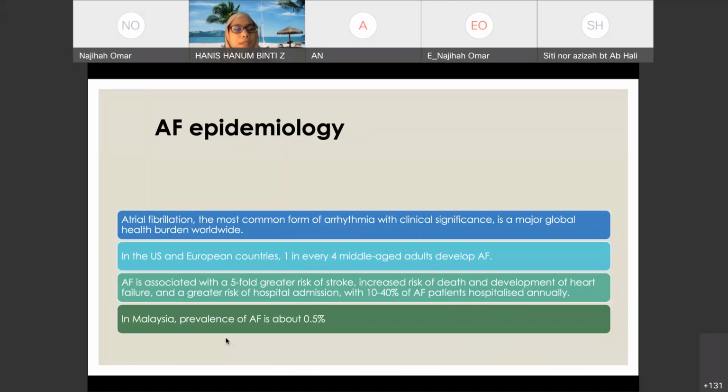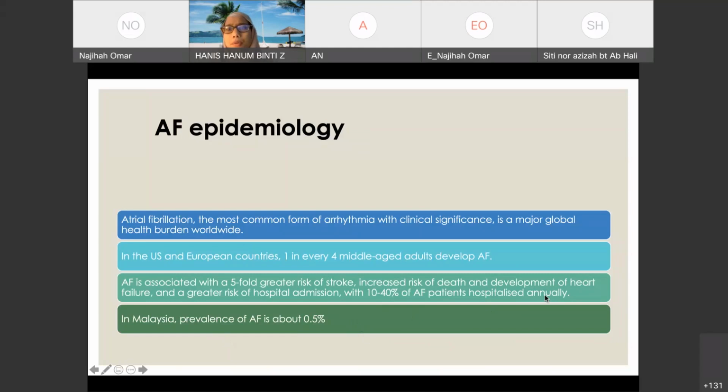I think the problem in Malaysia is that we are not aware of it and there is less detection. Whereas in the European countries and in the US, awareness about this disease is wide, and hence they are able to detect patients, because about 1 in every 4 middle-aged adults develop AF.